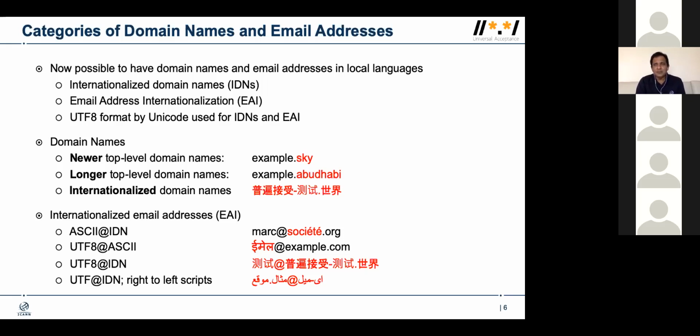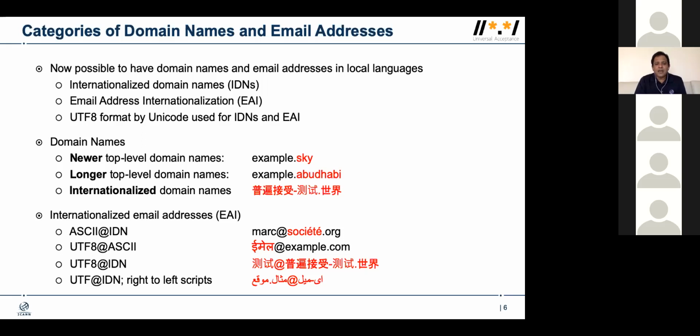For example, here you can see example.sky. Now, .sky is a 3-character domain name, but it is a new generic top-level domain. Similarly, you will also see longer top-level domains, more than those 3 characters. If you take example.abu Dhabi here, that is considered a longer top-level domain.